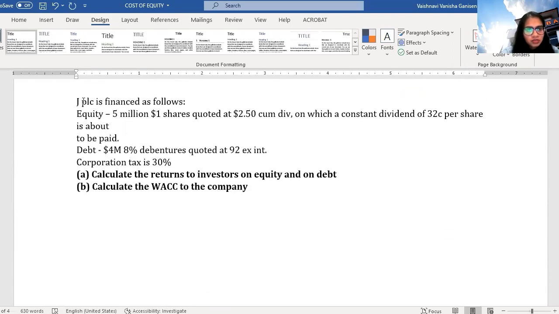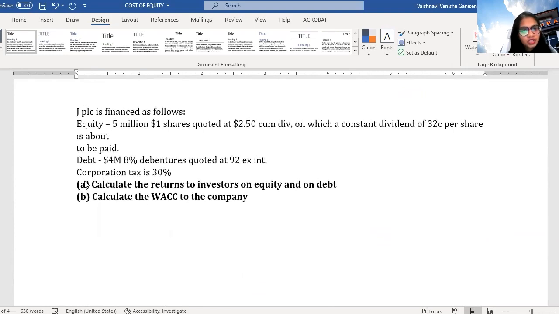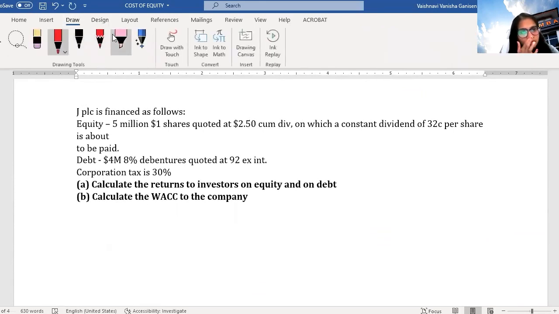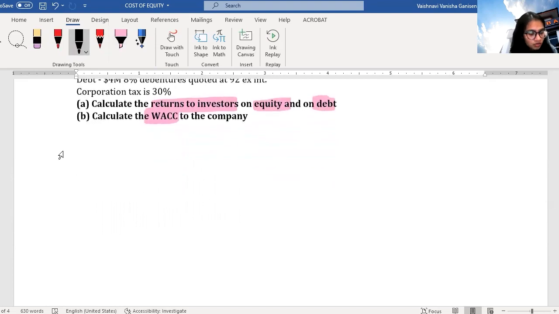Okay, so about this question, he asks you to calculate the returns to investor on equity and on debt, and he asks you to calculate the WACC. So guys, what you do, yes, you should know this by now.